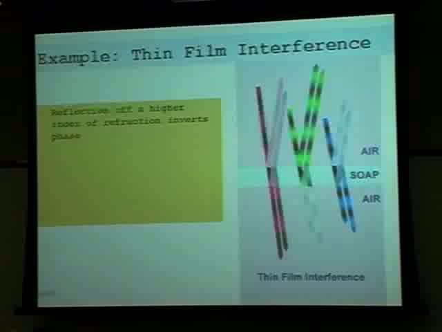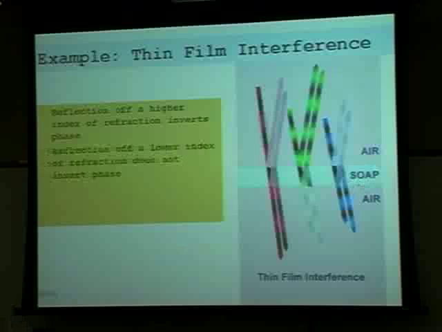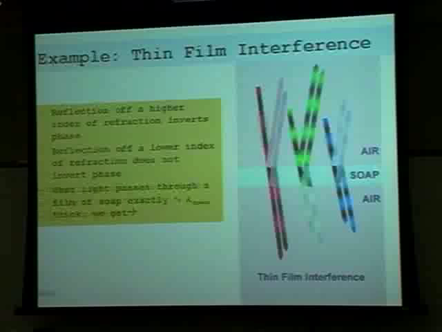Here's how it might look. If I went from air to soap film back to air, it might be like a soap bubble here. And I have red, green, and blue incident on this soap bubble. That reflection off this bubble would be constructive if it just so happens that the thickness of this soap bubble was, in this case, I said 3/4 of the wavelength of the green light. In other words, the green light travels a total distance of 1.5 wavelengths to go there and back again, and then you have a phase reversal of a half wavelength due to the first reflection.